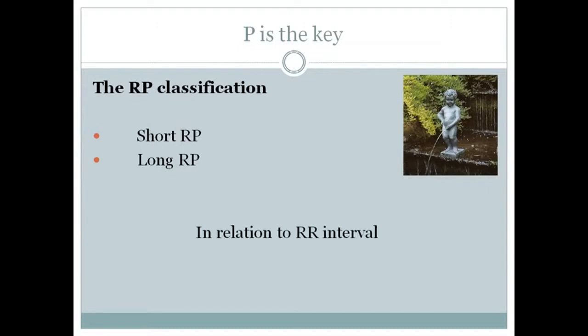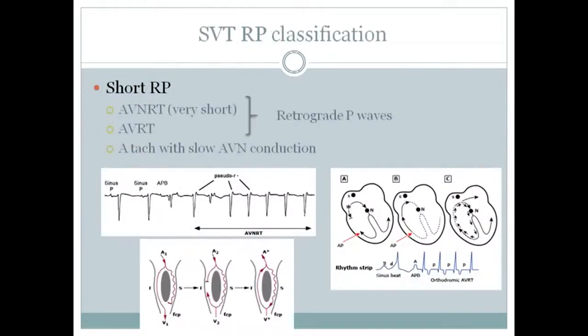In relation to the RR interval, the short RP tachycardias: short RP means less than half the distance between an R and R. So if the P is early, it's going to be short. If it's beyond, it's going to be longer.